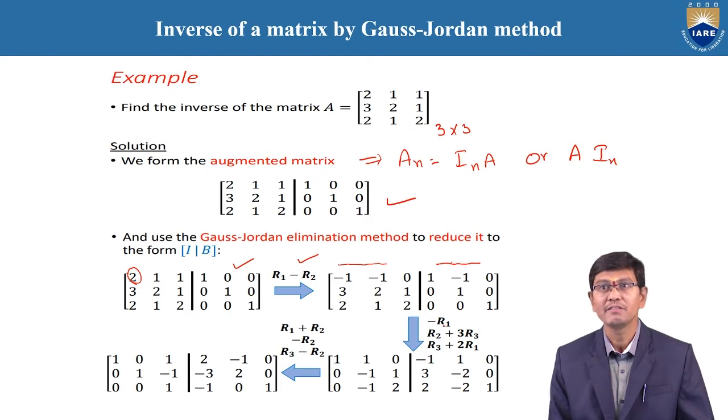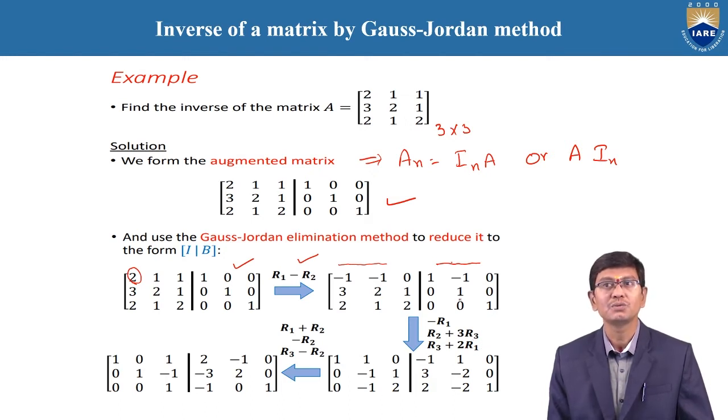Once again, we apply on R1 a division by minus 1, otherwise minus into R1, and correspondingly for the R2 row and R3 row, R2 becomes R2 plus 3 into R1, and R3 becomes R3 plus 2 into R1.